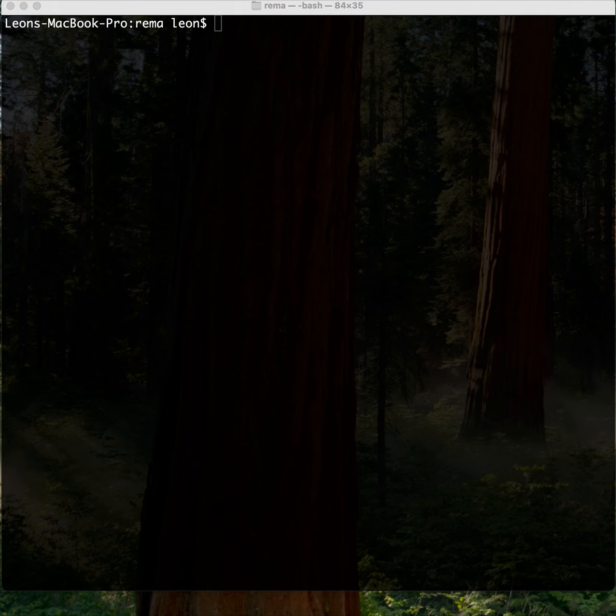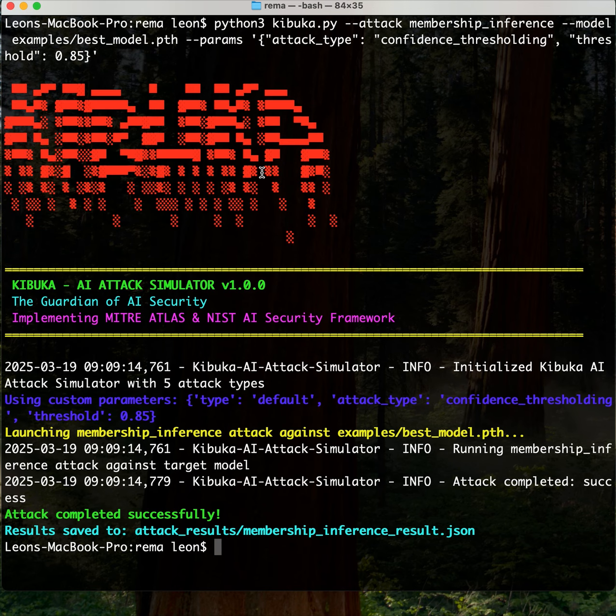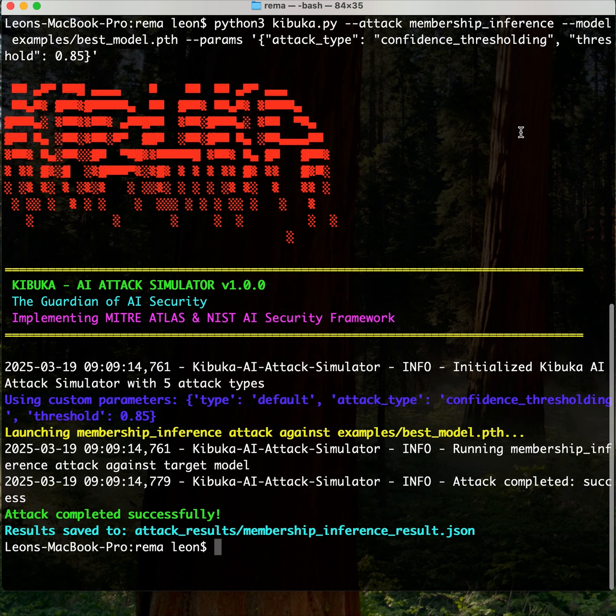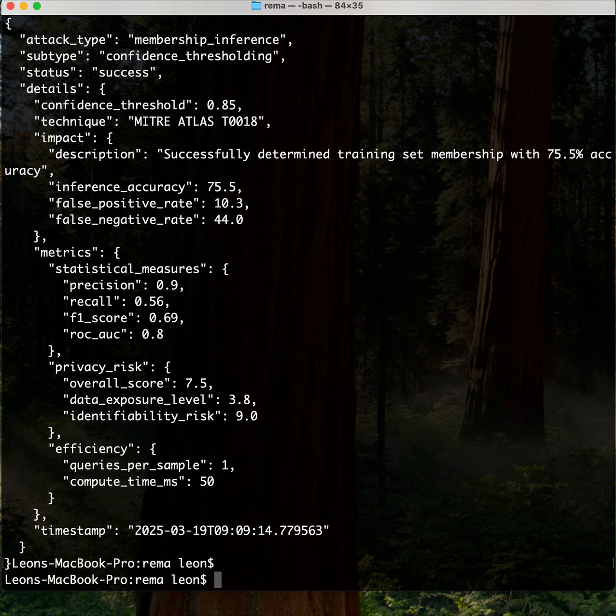And now this one, we run on membership inference, still on the best model. And then the attack type, we want to look at confidence thresholding with a threshold of 0.85. And basically when Kibuka runs, we need to see the results.